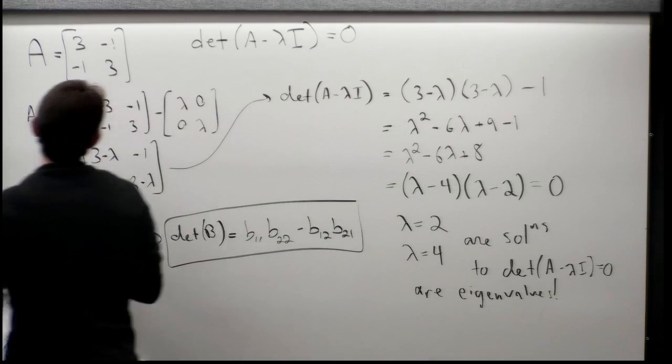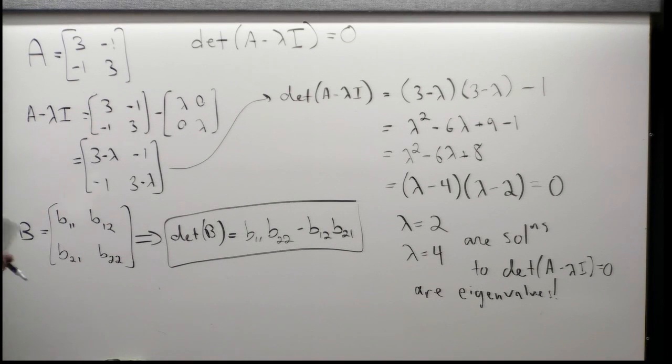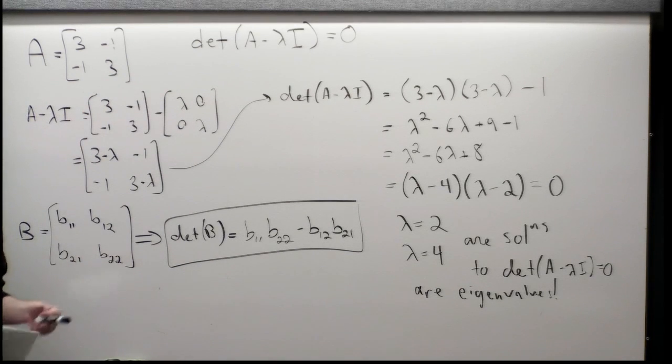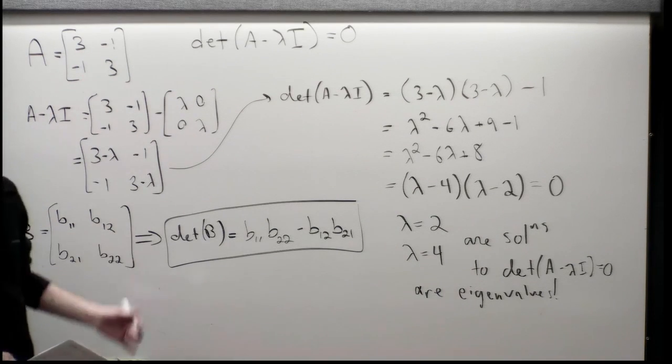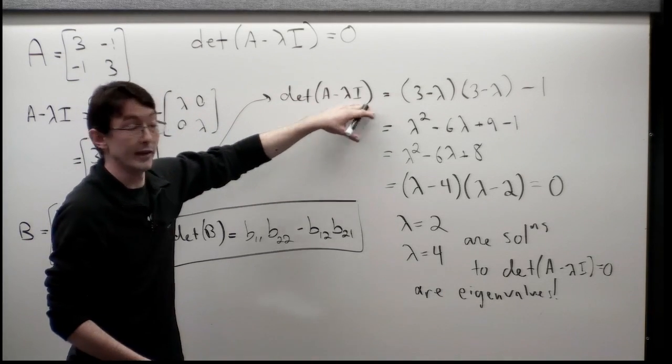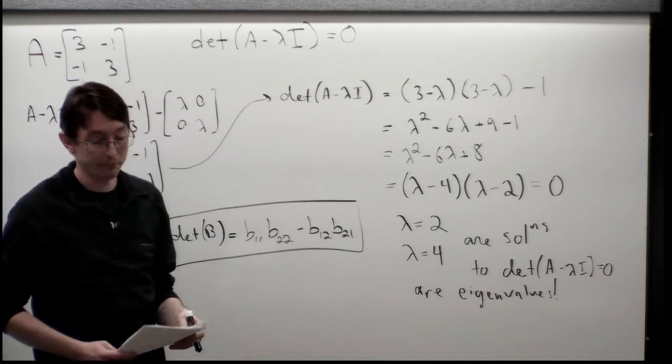Okay, so I'm not going to expect you to know how to compute the determinant of a 5 by 5 or 6 by 6 matrix, but you might actually want to know how to compute the determinant of a 2 by 2 matrix because you might want to be able to compute the eigenvalues on pencil and paper like this. Okay, so this is pretty useful. And the same procedure follows if I have a 3 by 3 or a 4 by 4 matrix. I just compute the determinant of that larger A minus lambda I.